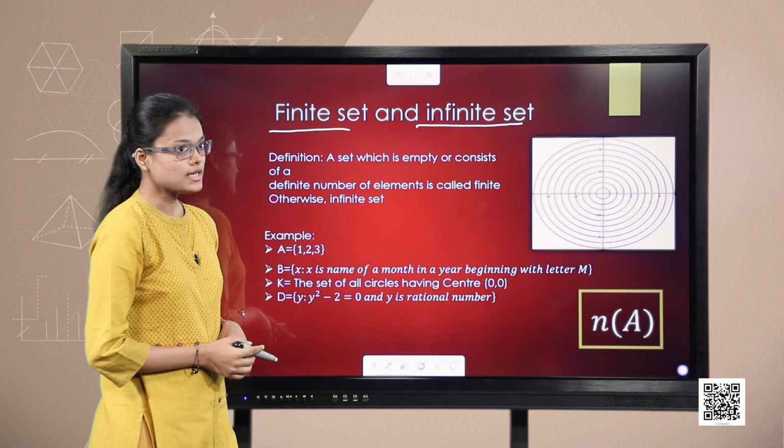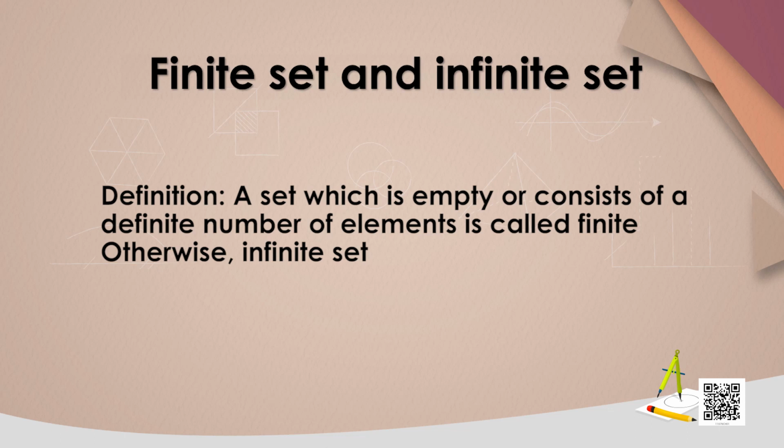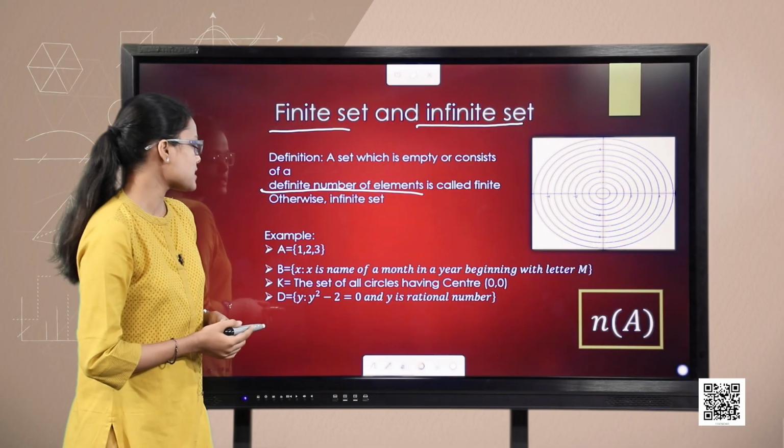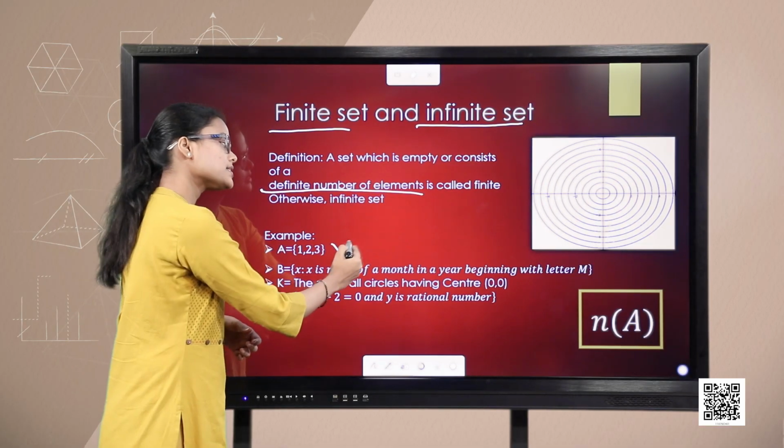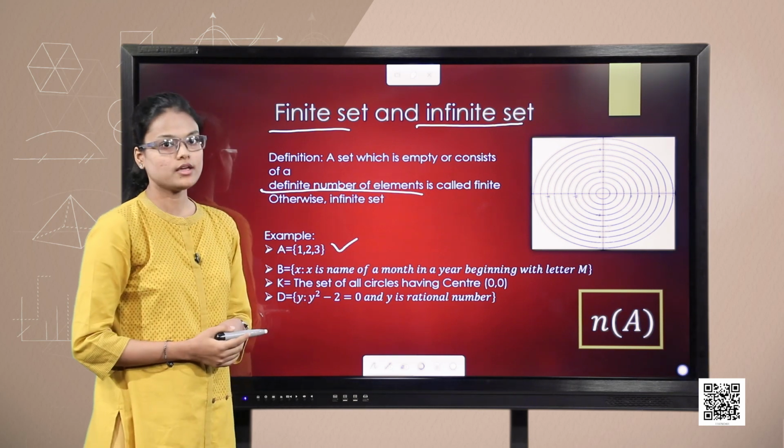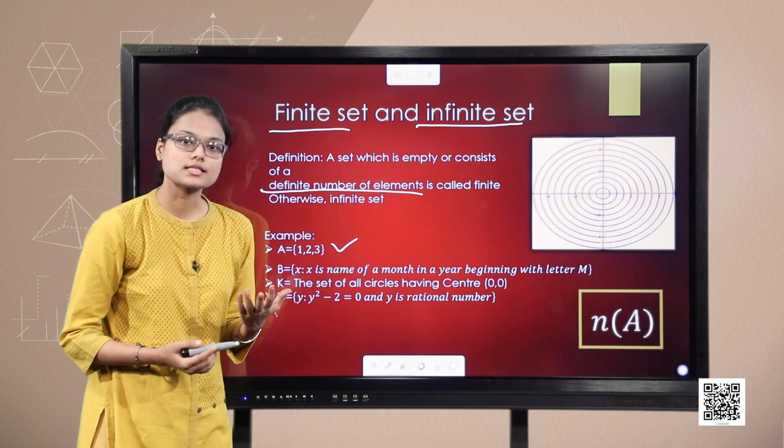The definition states: a set which is empty or consists of a definite number of elements is called a finite set, otherwise infinite. So, let us take some examples on it. The first we have already taken. We know it has 3 elements, so it is a finite set.